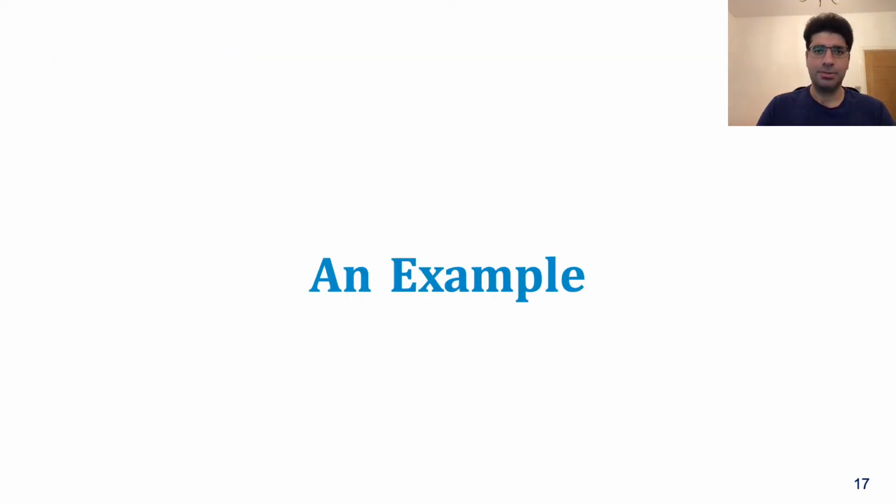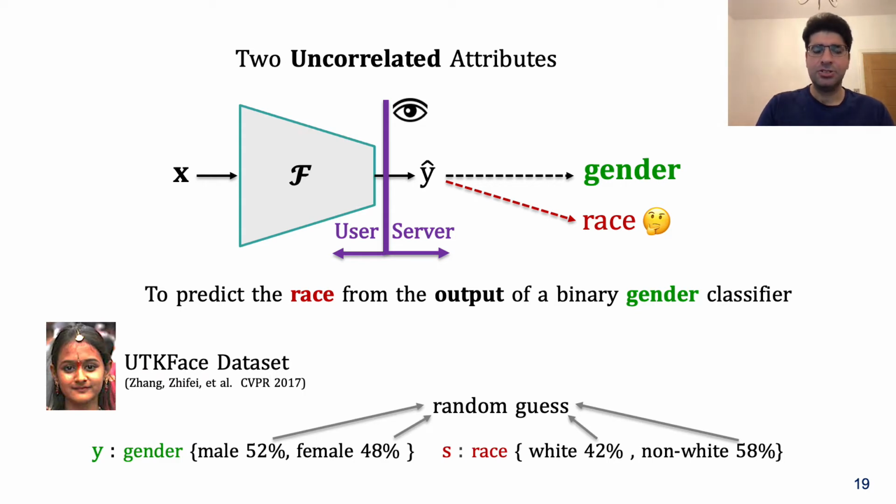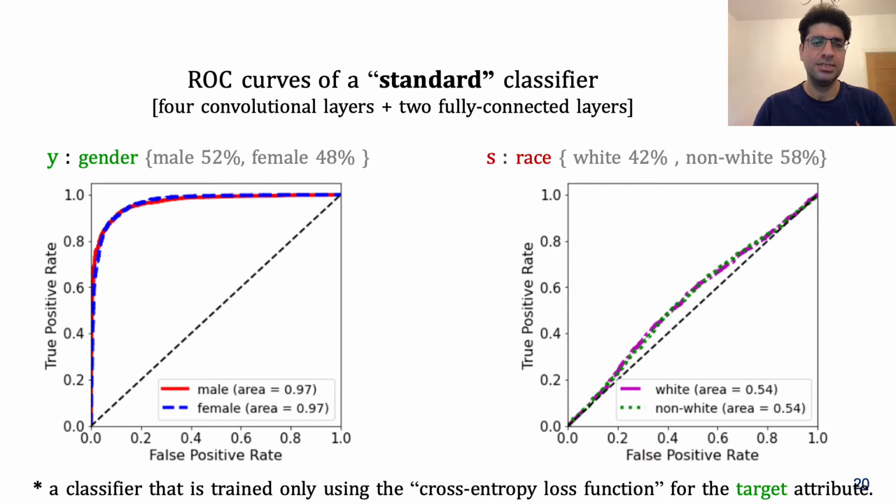Let's see an example. We consider two uncorrelated attributes, gender and race, and we want to predict race from the output of a gender classifier. In this dataset, gender and race are almost balanced attributes. This is the result for a standard classifier.